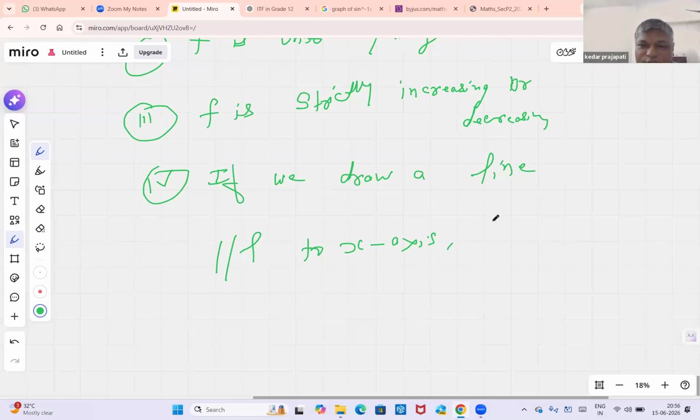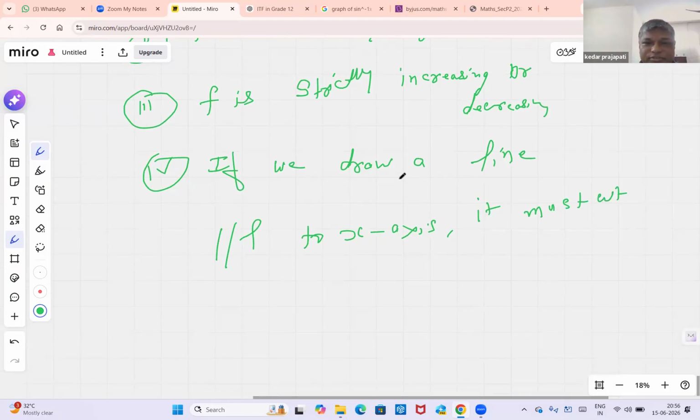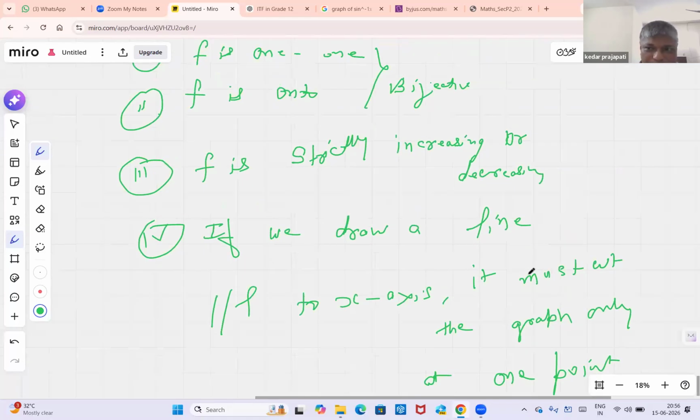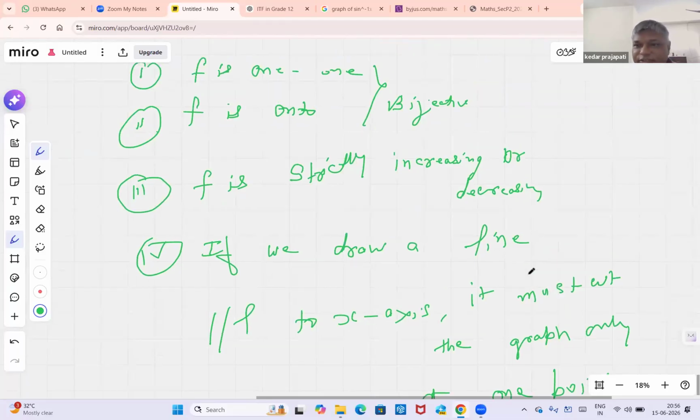It must cut the graph at one place only. Last year this question came in the board exam also. These are the properties of inverse trigonometric functions.